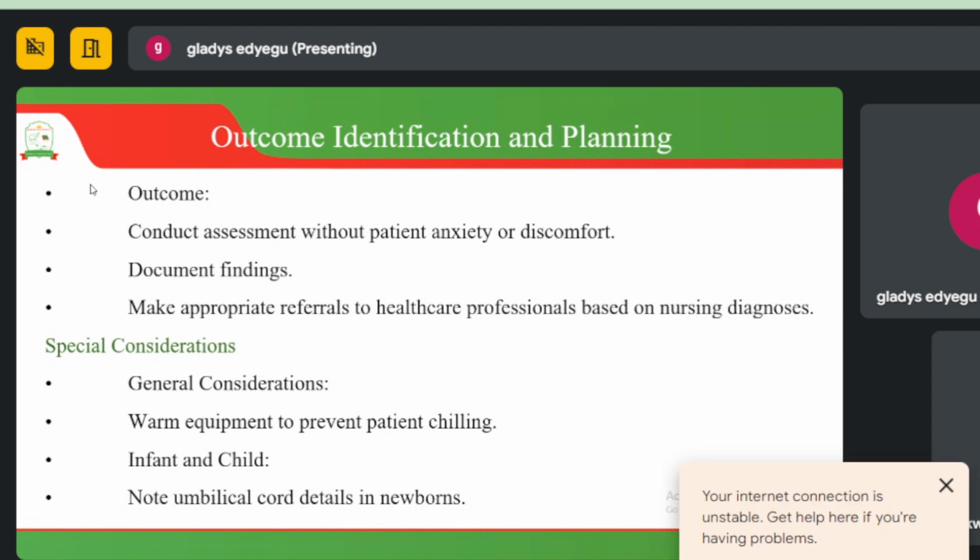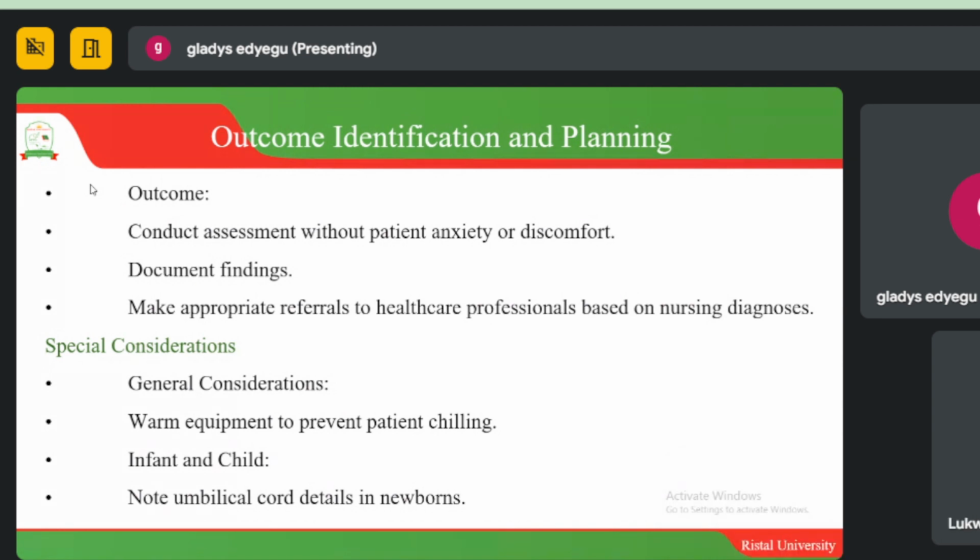This patient is going to feel the chills. So make sure that you warm that part which you're going to use for listening to the bowel sounds. So when you do that, it will help the patient to be stable and comfortable for you to listen to the bowel sounds.